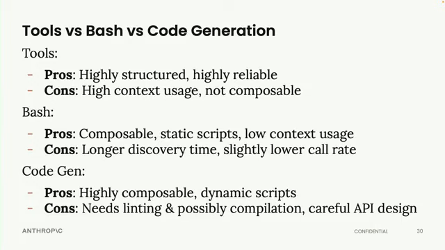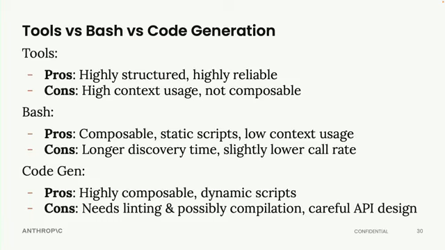Then there's bash. So bash is very composable, right? Static scripts, low context usage. It can take a little bit more discovery time, because let's say that you have the Playwright MCP or something like that, the Playwright CLI, the Playwright bash tool. You can do Playwright --help to figure out all the things you can do, but the agent needs to do that every time, right?